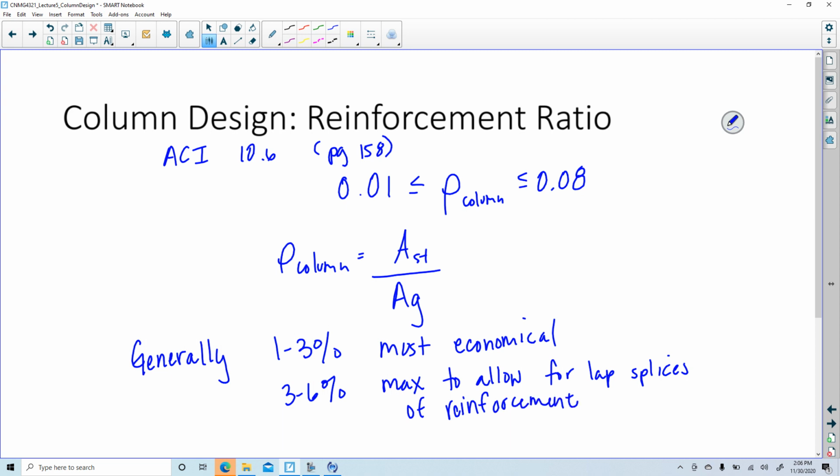Right, you're gonna have to splice your longitudinal bars. So 1 to 3% is about what you're gonna want.